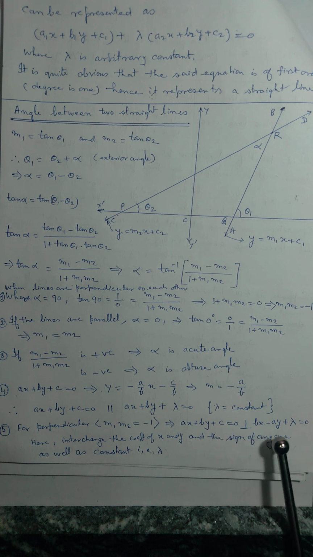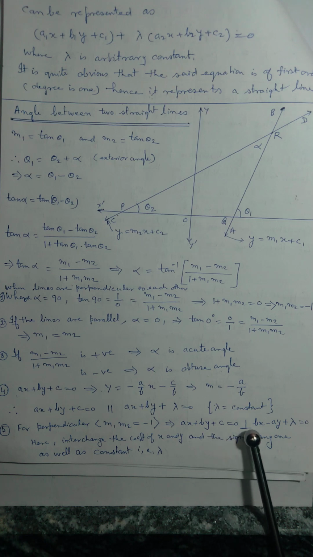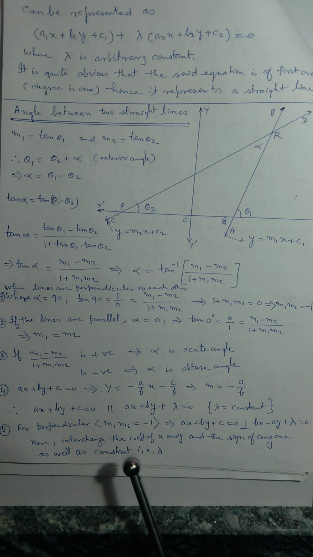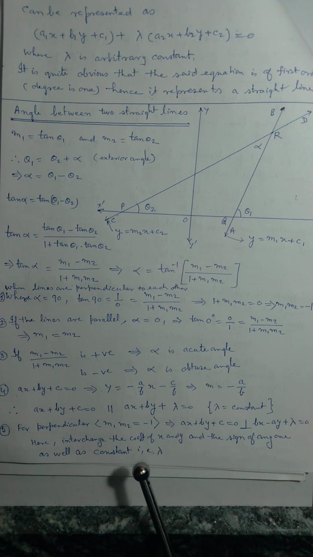Here I have changed the coefficient of y, that is minus a. So you have to remember it: ax plus by plus c equal to 0 is perpendicular to bx minus ay plus lambda equal to 0. Interchange the coefficients of x and y, change the sign of any one, and use the constant lambda.